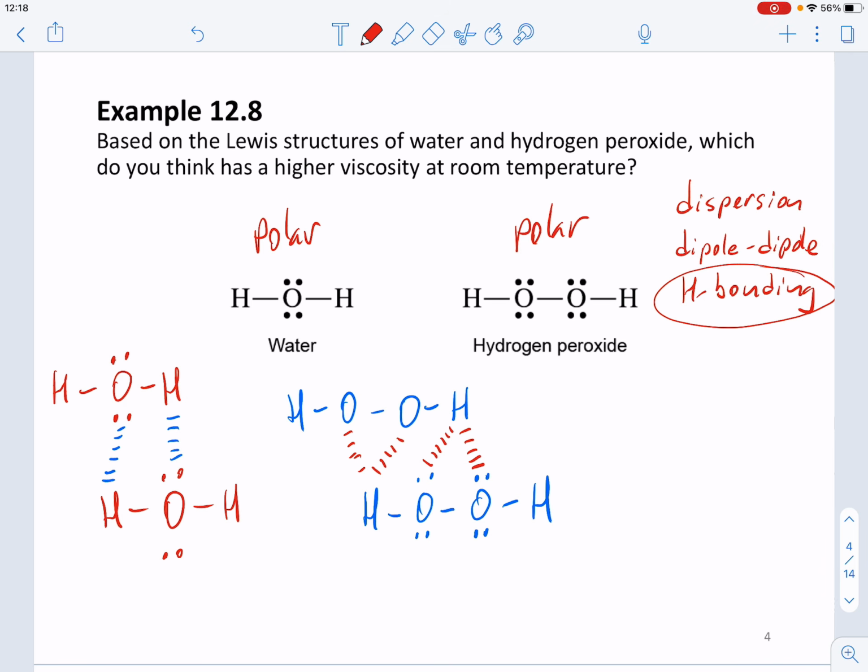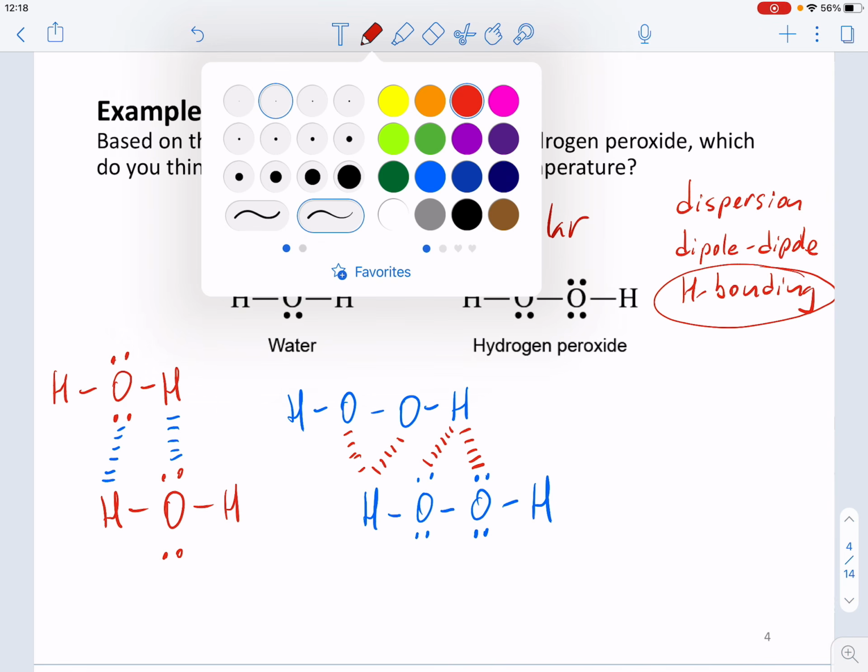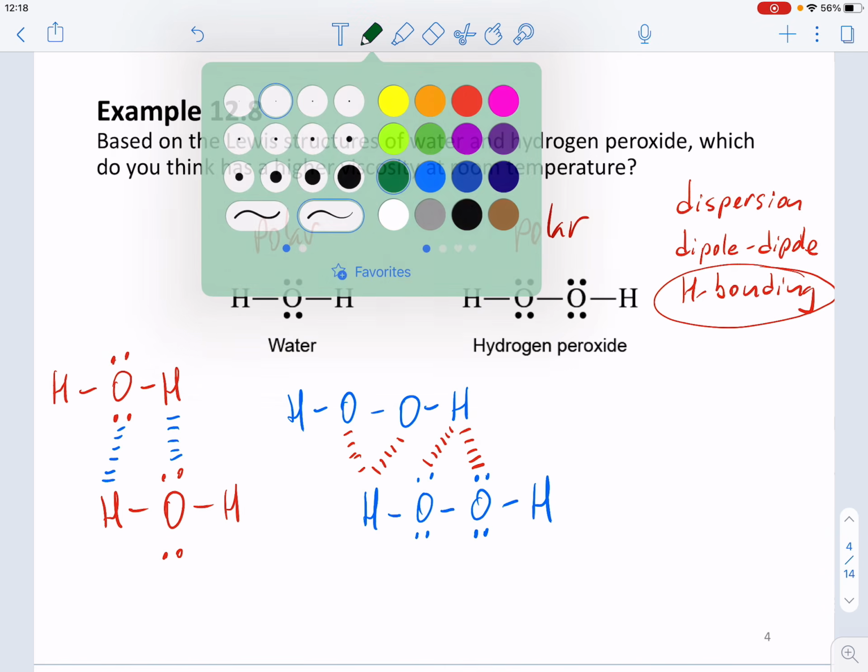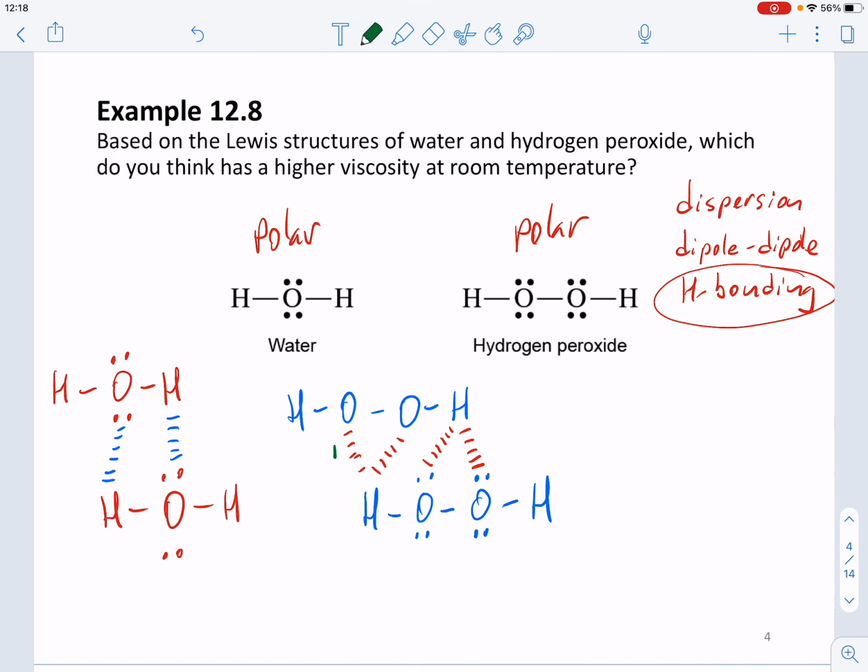So, still trying to keep it simple, we can say there are 1, 2, 3, and 4 interactions here, whereas in the case of water we only have 1 and 2 interactions.